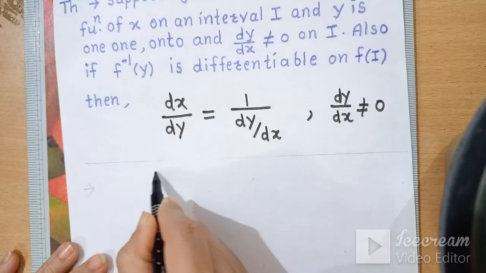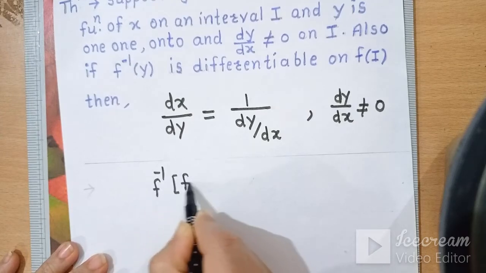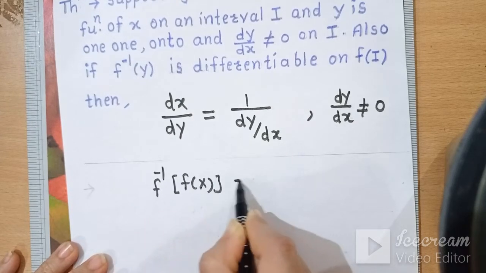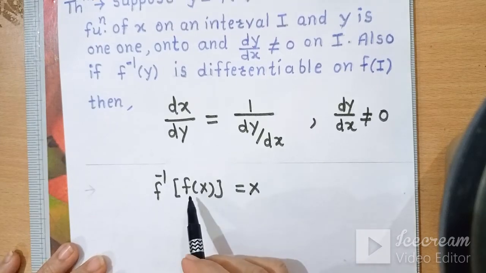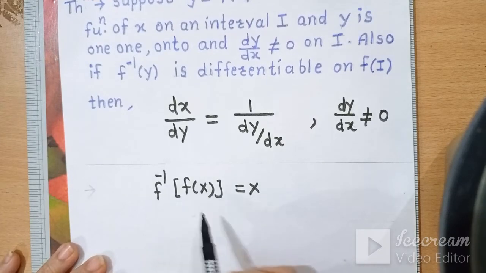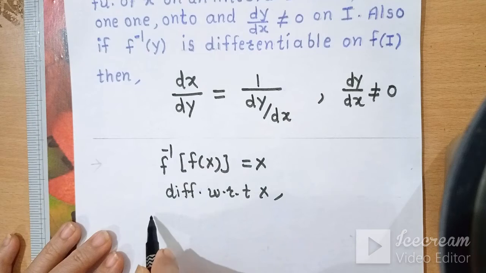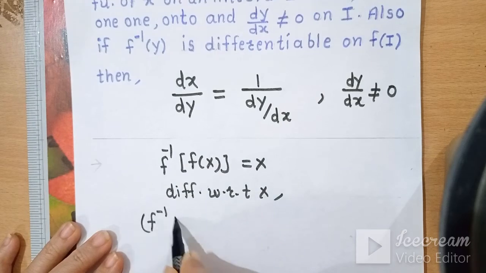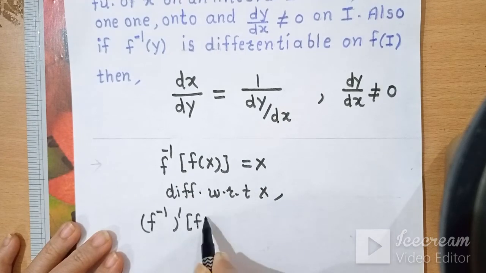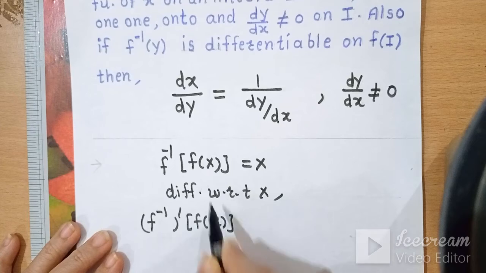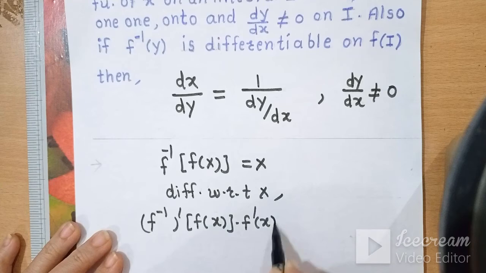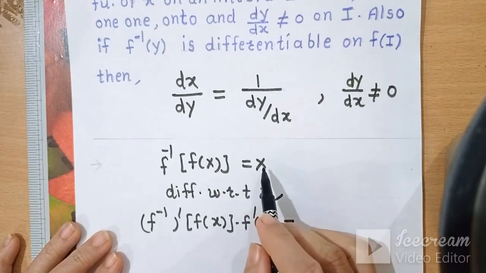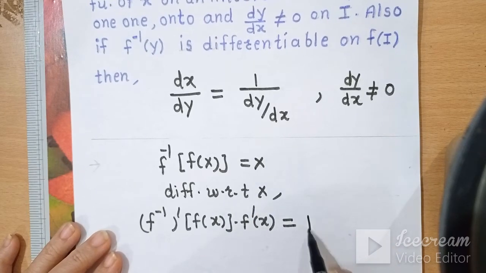So we have f inverse of f of x equal to x. Now this is a composite function, so we will write the derivative of this. So f inverse dash of f of x, and the derivative of the inner function means f dash of x, is equal to the derivative of x, which is 1.